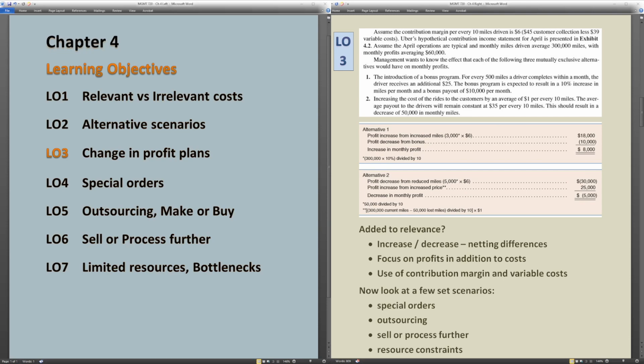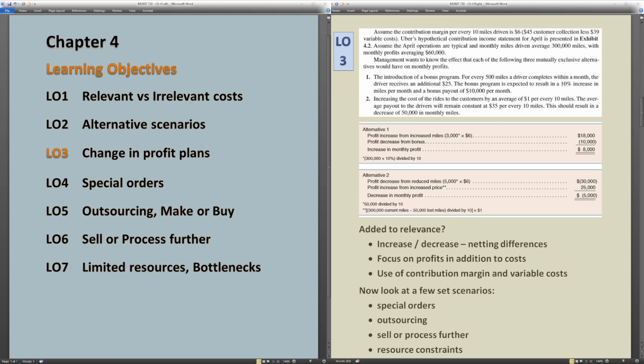But from driving, just doing the extra driving, and of course they're not just driving by themselves, they're driving passengers. If they're driving passengers, what's the increase to profit from an increased workload driving passengers? If we look at the very top, it says contribution margin per every 10 miles is $6, a $45 selling price minus $39 variable cost, and we know selling price minus variable cost is contribution margin.